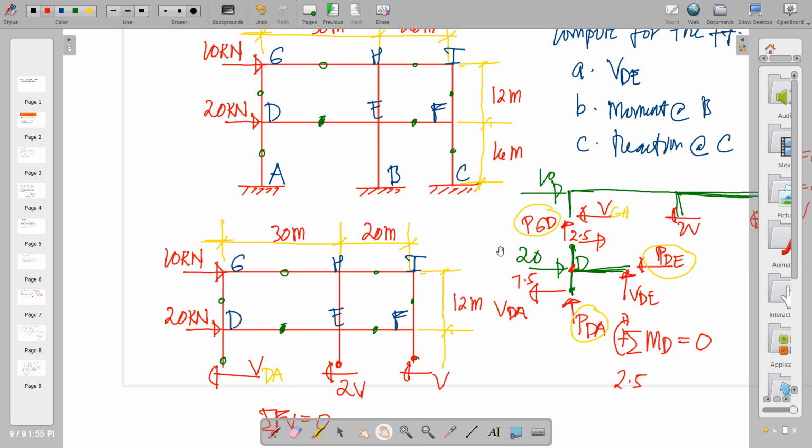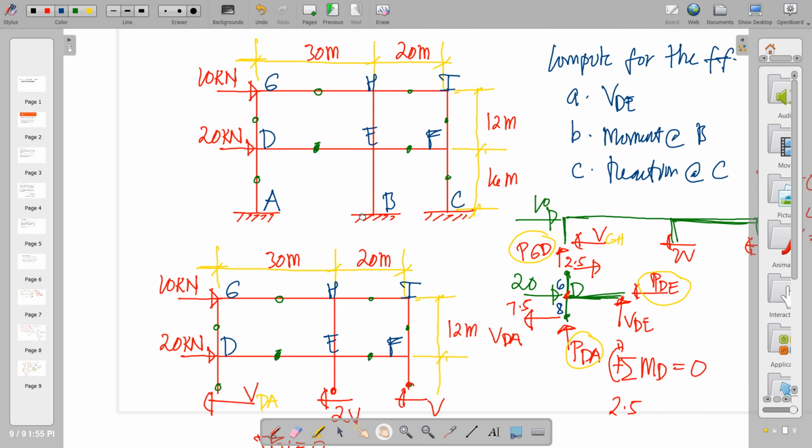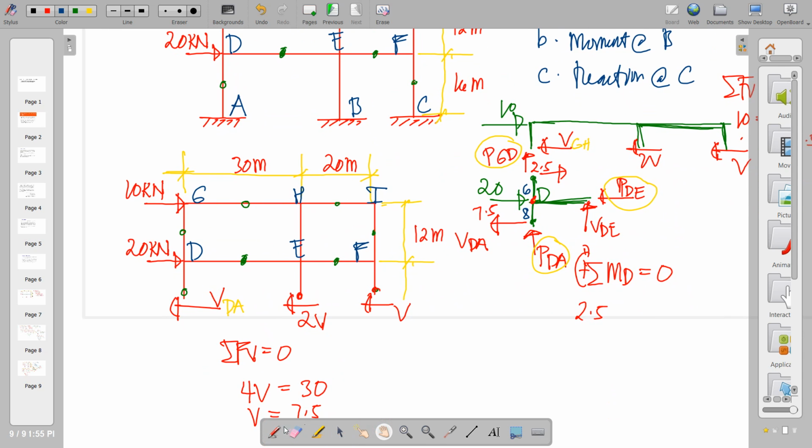We have 12 here. So I think we're gonna place here the distances, that is 6. This is half of 16, that is 8. And this is half of 30, that is 15.